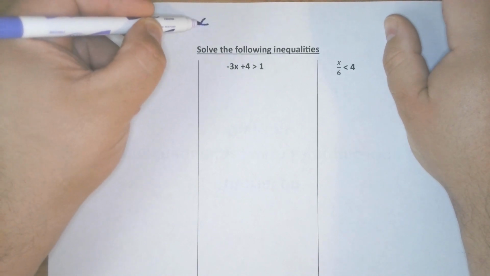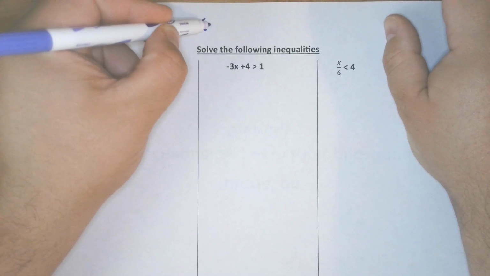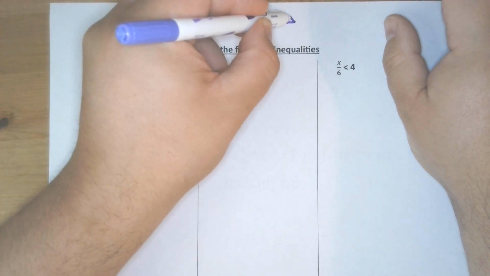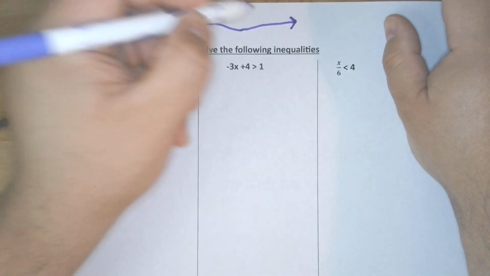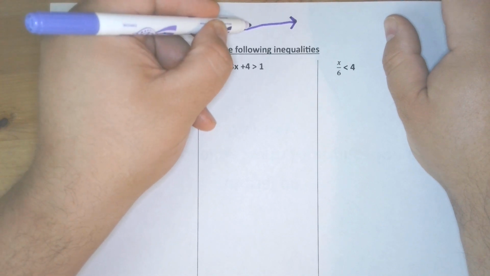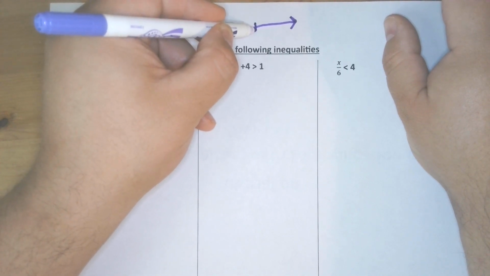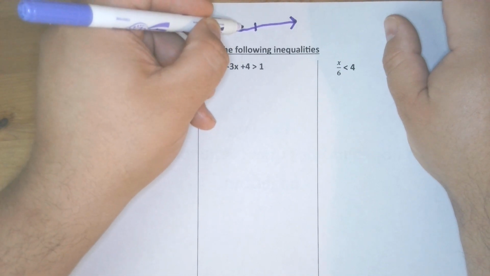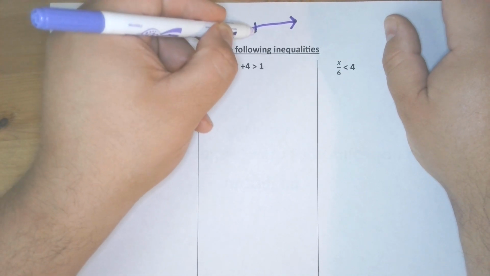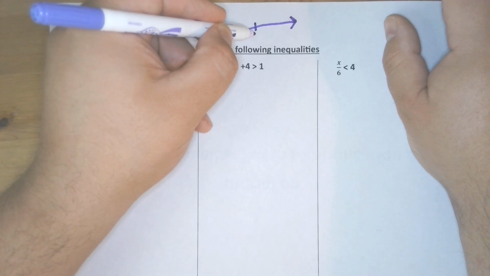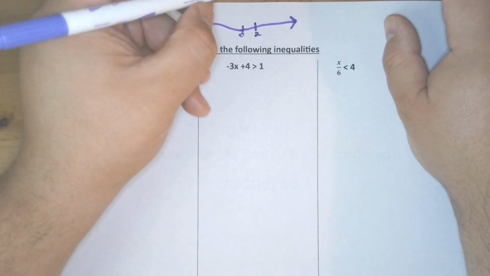So I'll sketch real quick a number line. It's not going to be the most straight thing. Okay, so we have some number line like this, and then I have an inequality. We'll say I have a dash point here. Maybe my 0 is there, and this is 2 or something like that, not super important.